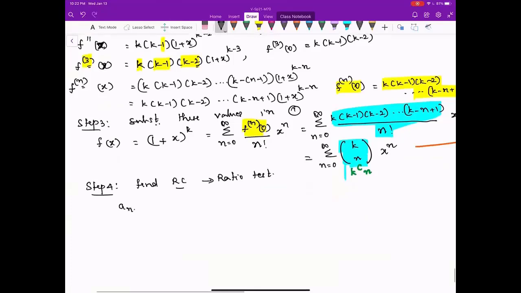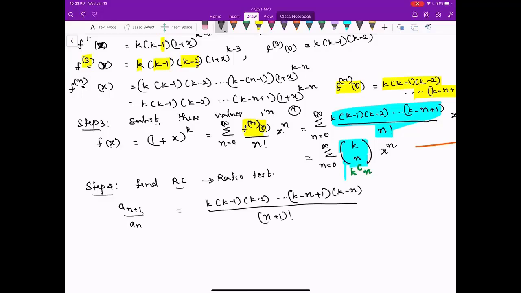So now you do a(n+1) over a(n), which is k, k minus 1, k minus 2, up to k minus n, because now we are increasing by 1, and before that it is the same, up to k minus n, divided by n plus 1 factorial.